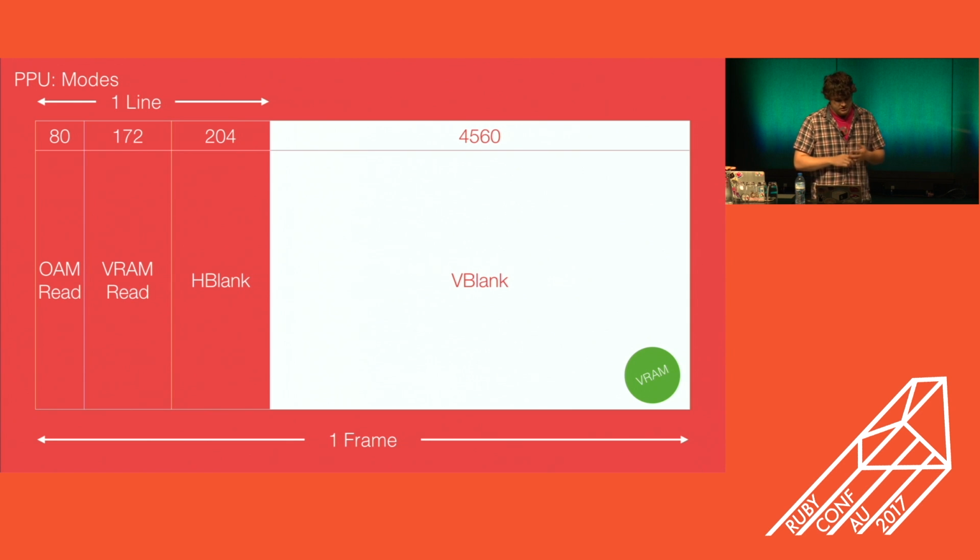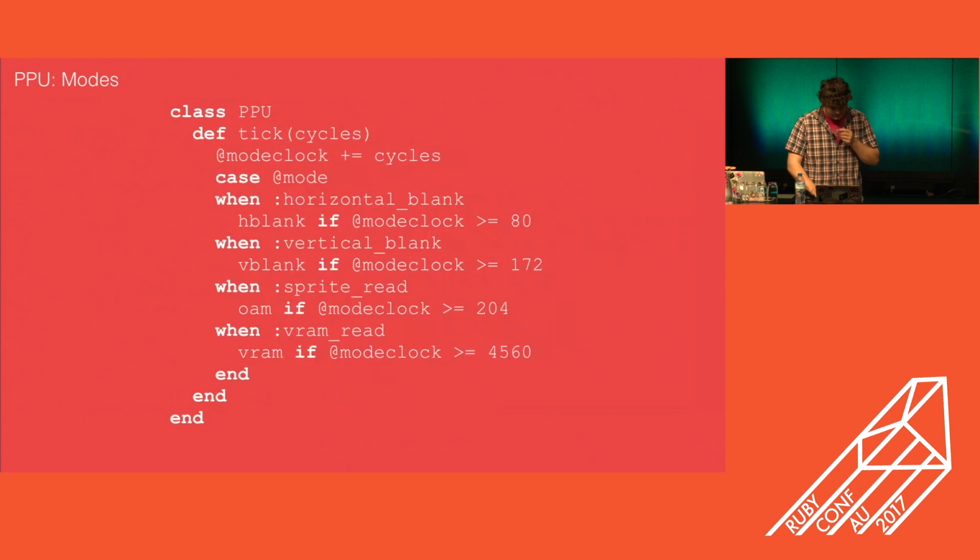Things like the object attribute read mode take 80 cycles, and these are CPU cycles. So this is how it figures out how to time itself. It just takes the cycles from the CPU. And things like vertical blank take 4,560 cycles to complete. I'm not going to show you too much about the picture processing unit.